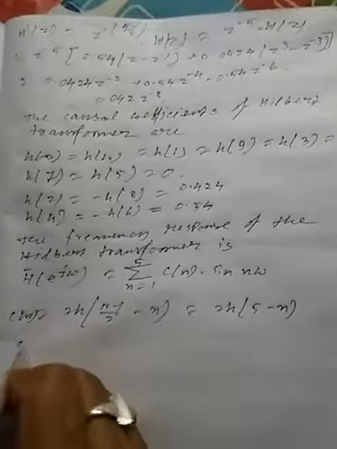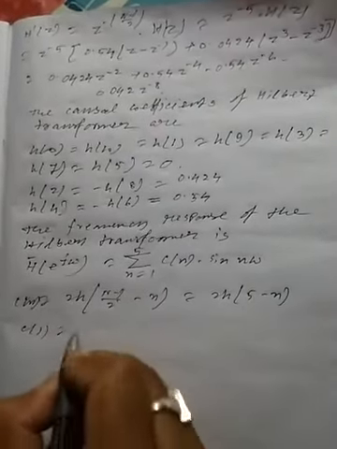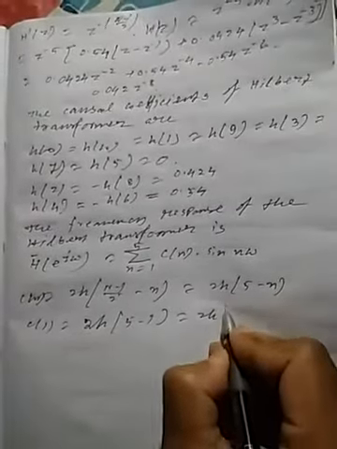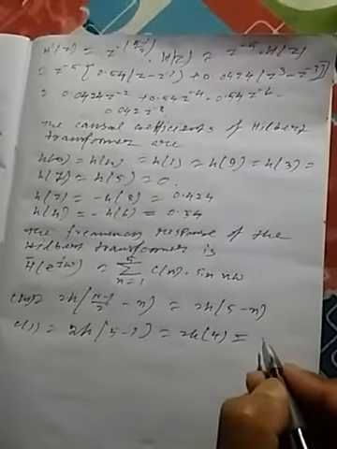So from here we can find that C1 will be equal to 2h of 5 minus 1, that will be equal to 2h of 4. h of 4 is equal to 1.08, right?